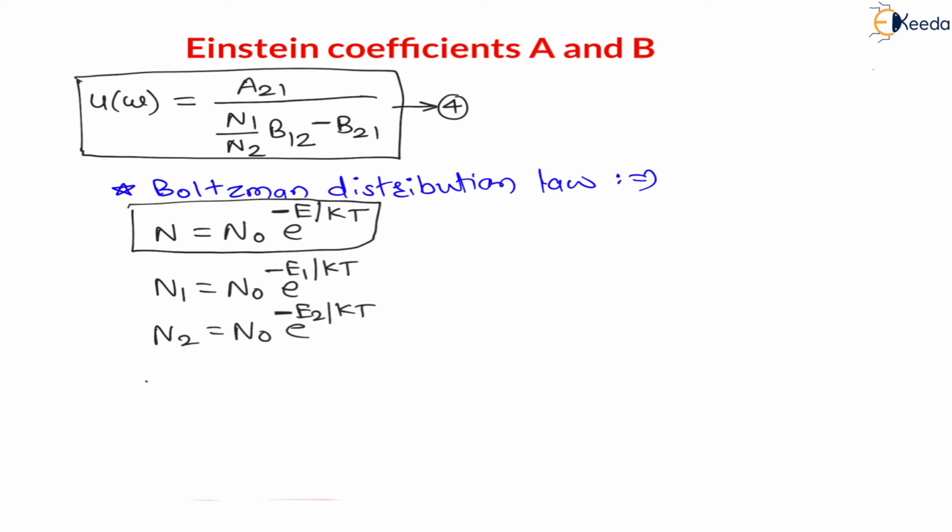Therefore, here I can write N1 by N2 will be equal to N naught e to the power minus E1 by kT divided by N naught e to the power minus E2 divided by kT. Now my dear students, here N naught will get cancelled.